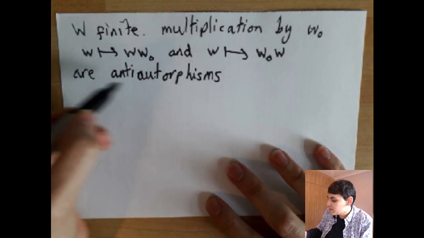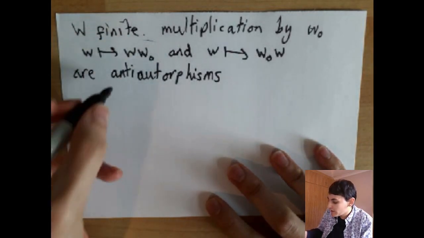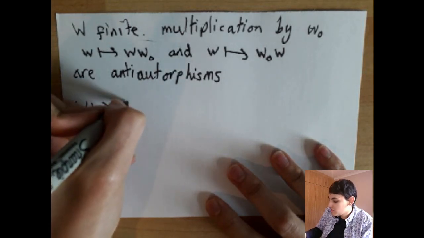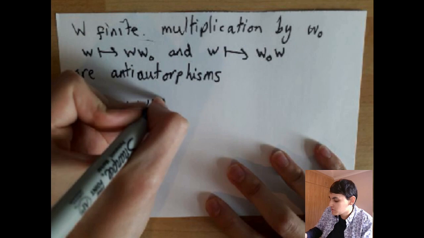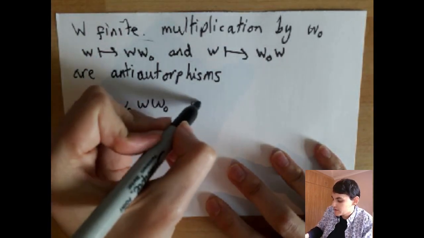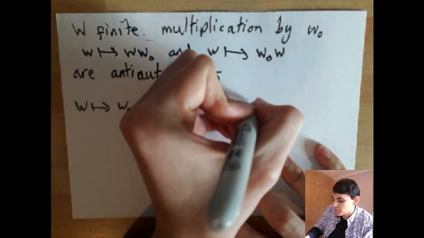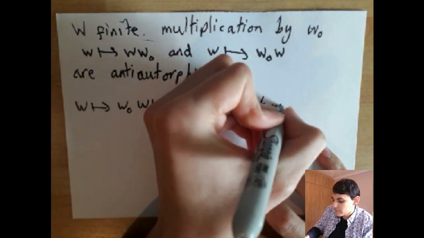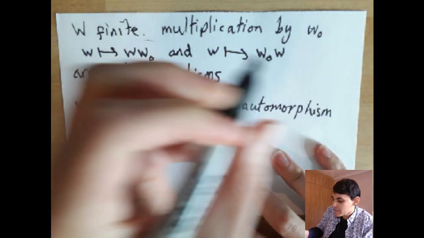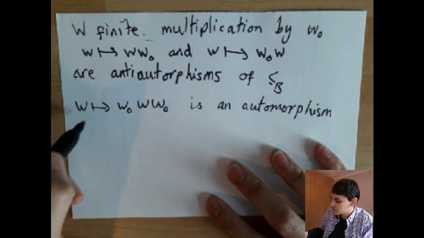But if you apply this map twice, so w sent to W0 w W0, so conjugation, is a normal automorphism of the Bruhat order.